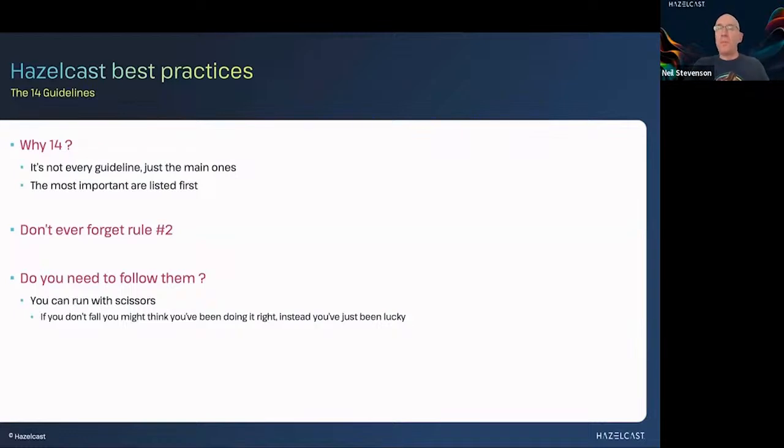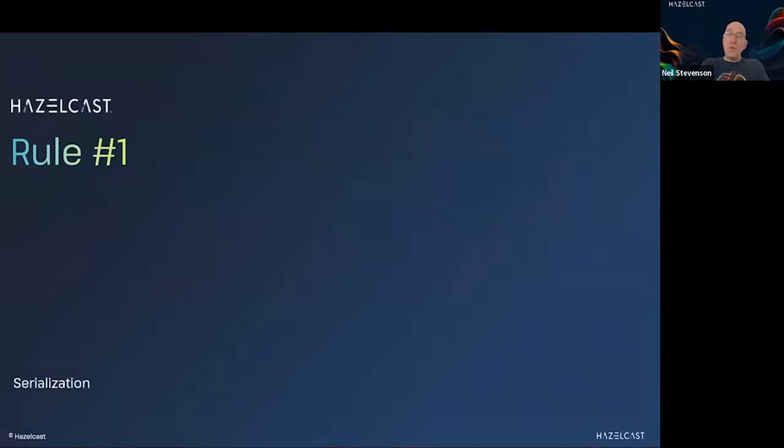Don't forget rule 2. We haven't told you what rule 2 is yet, so here we go. So rule number 1 is about serialization, which is for us one of the most important things that's going to affect the performance of your Hazelcast cluster and a few other factors around it.